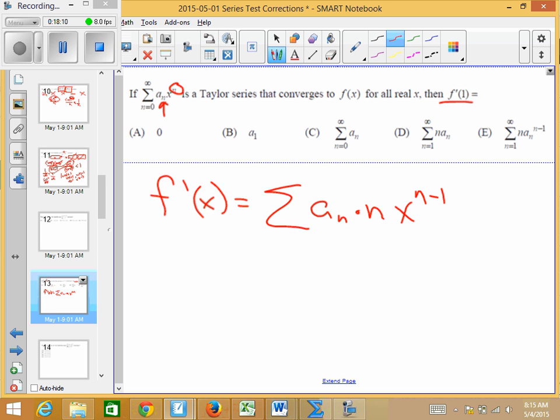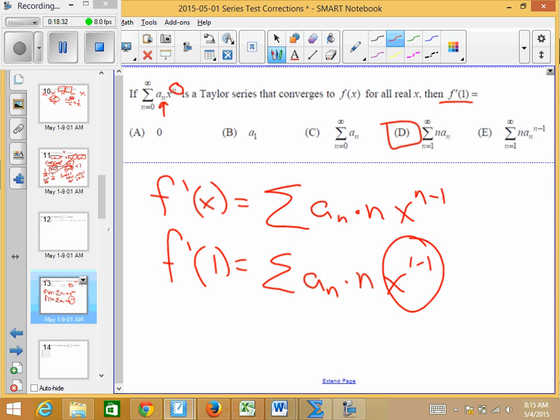So x1 was 1. x0 is just 1. And I think that gives us the answer. Look at the derivative, put in 1, down there to 1.